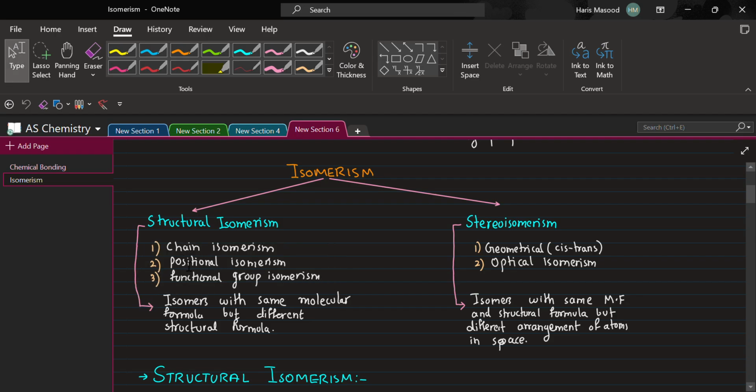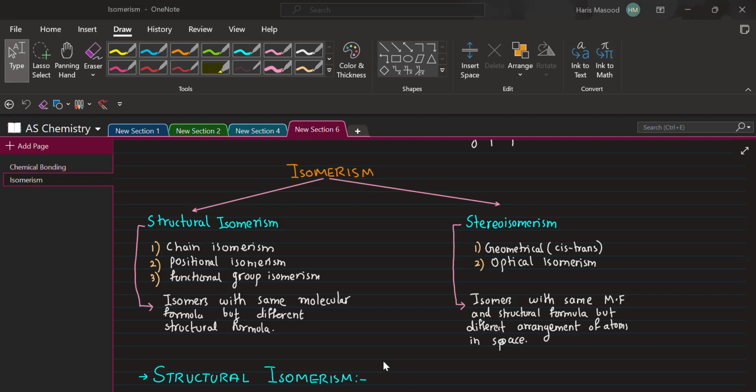These are the subtypes that we will be studying. What is the definition of it? Isomers with the same molecular formula but different structural formula. This was the definition of isomerism that you studied in O levels. This was basically a type of isomerism, that was structural isomerism.